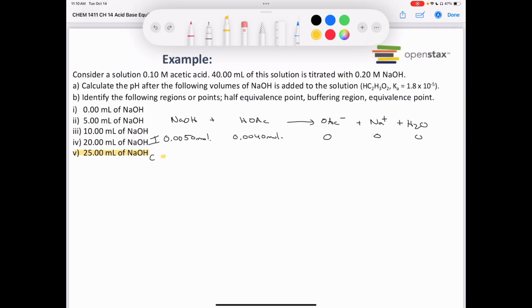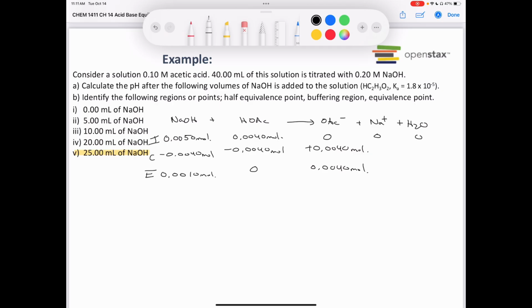So we're going to lose 0.0040, lose 0.0040. We're going to gain 0.0040 moles here. And so at equilibrium, I'm going to be left over with 0.0010 moles of my sodium hydroxide, none of this, and 0.0040 moles of my acetate ion.